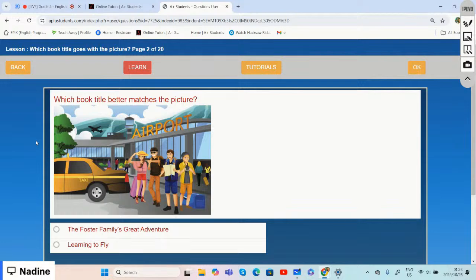Which one is correct? We need to choose the correct option. Option one or option two.